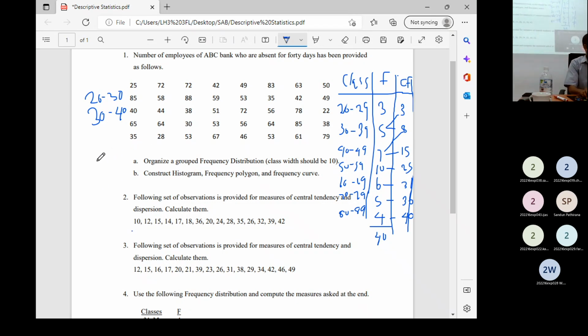If we have organized data as 20-29, adding 1, 30-39, etc., 0.5 should be adjusted to the practical limits to obtain real limits.